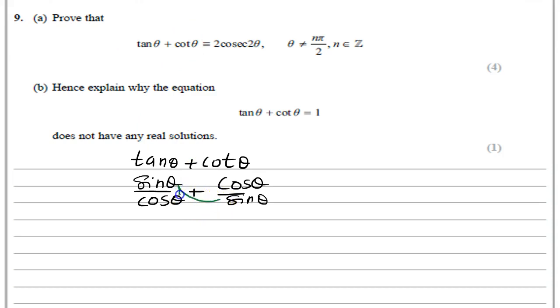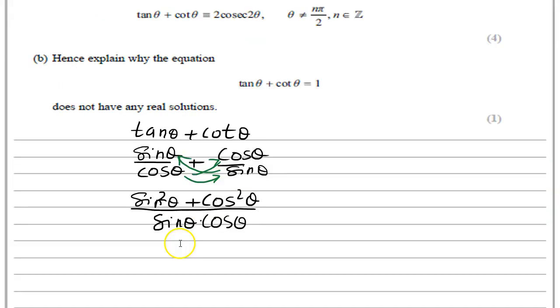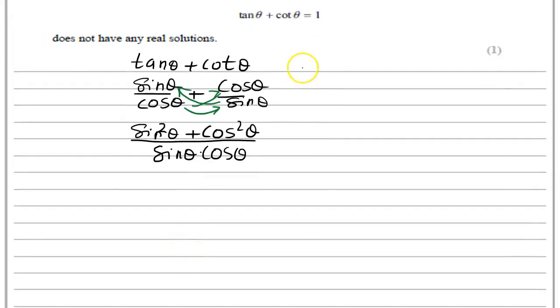It will be sine square theta plus cos square theta, over sine theta into cos theta. Sine square theta plus cos square theta is 1, so we can write 1 over sine theta cos theta.